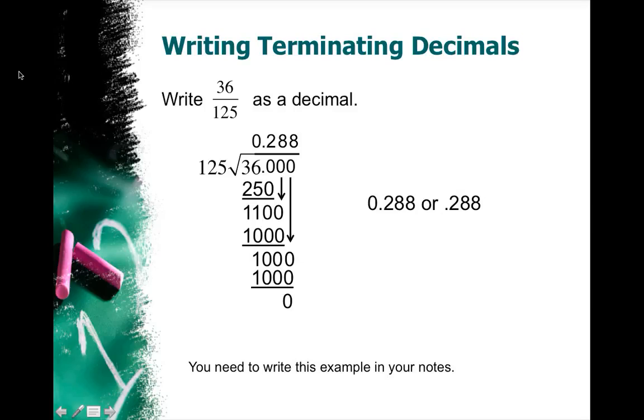Our terminating decimal is 0.288. We understand that if there's nothing in the ones place, we can write it as 0.288. The 0 is really just a placeholder. So these two numbers are equivalent. They both represent the same value. The next slide will give you an example of the study card for this concept.